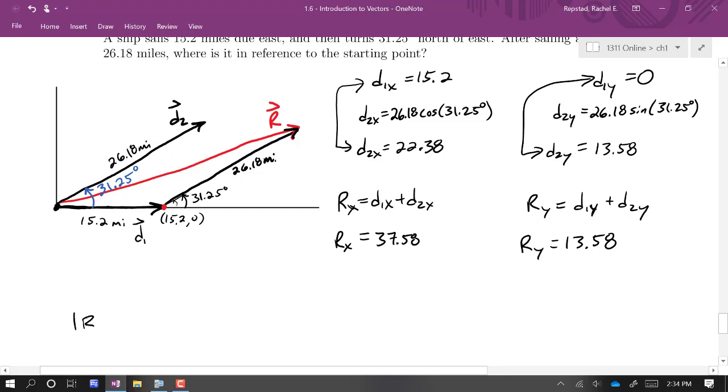The magnitude of the resultant vector is the square root of the sum of the squares of its components.